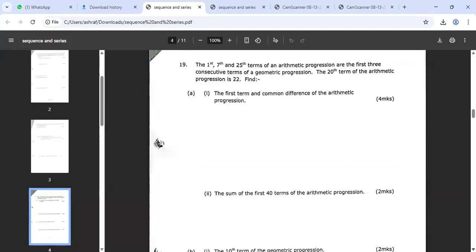In that question, you're given the first, 7th, and 25th terms of an arithmetic progression. They form the first 3 consecutive terms of a geometric progression. Then you're given the 20th term of the AP is 22. Find the first term and common difference of the arithmetic progression.